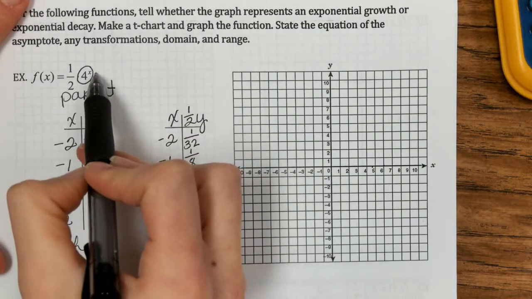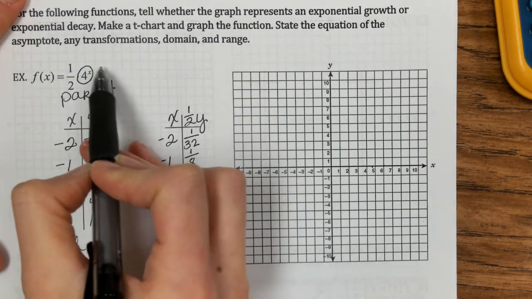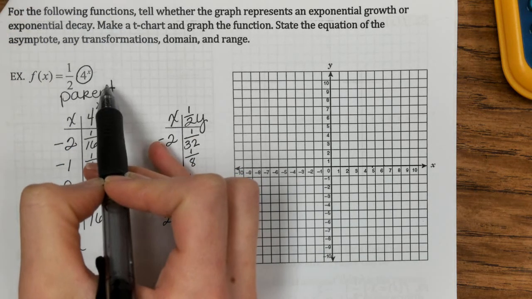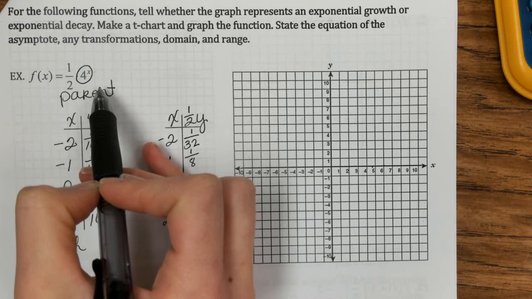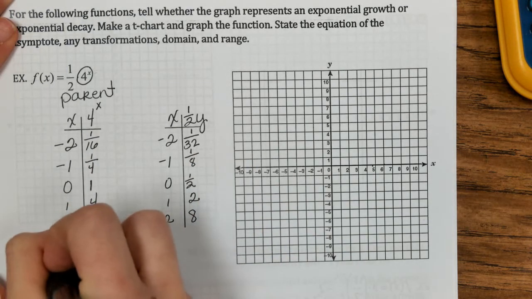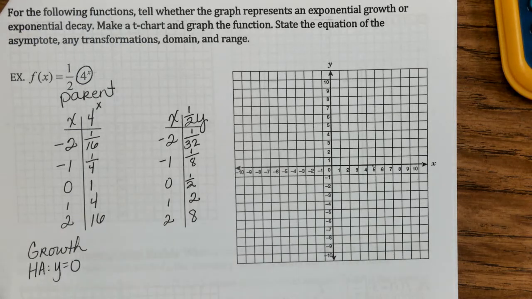Okay, do I have anything added or subtracted behind this exponent part? No. So is my horizontal asymptote going to shift any? No. I'm still going to have my horizontal asymptote at y = 0.